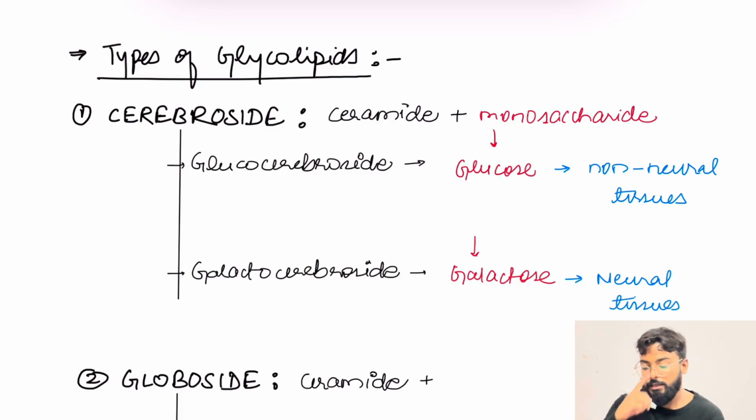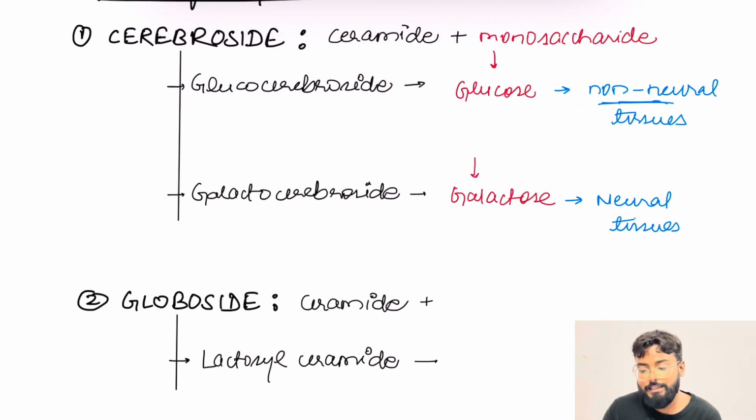That you need to remember. So if any enzyme responsible for breaking down galactocerebroside is defective, the defect that you are going to see will be in neural tissues. You will see something related to neural function, like mental retardation or delay in the development of the brain, etc.